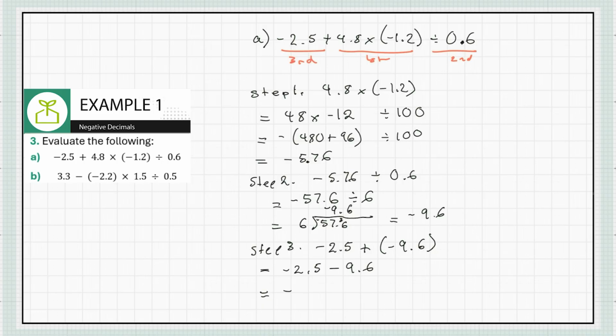So treat them almost as an addition problem. So in the end, 9.6 plus 2.5 is going to be 12.1, and then the answer is negative 12.1. So this is our final answer. Now later on you'll just do this on a calculator, but you have to make sure that you are doing the correct order of operations. Some calculators will do it properly, others won't.